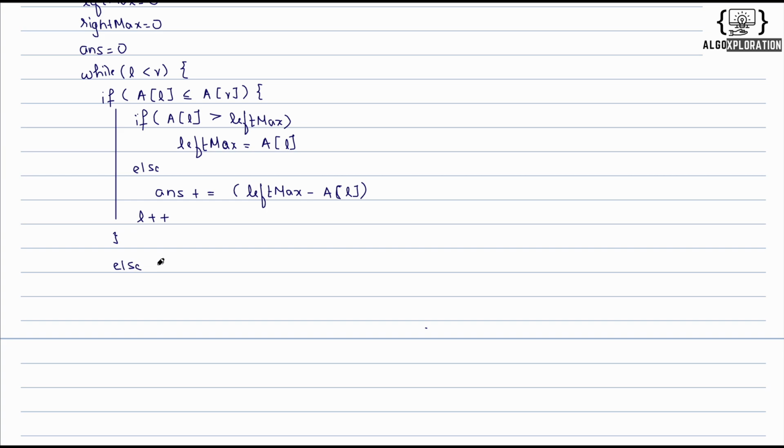Else, if A of L is not lesser than A of R, it means that A of R is lesser. So in this case, here also we have to check if A of R is greater than right max. If it is, then update our right max.